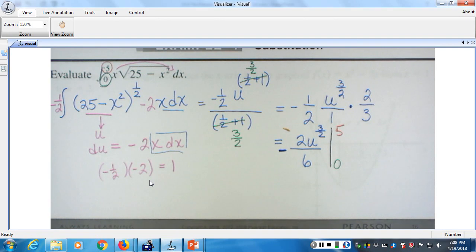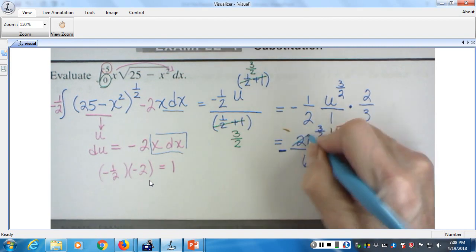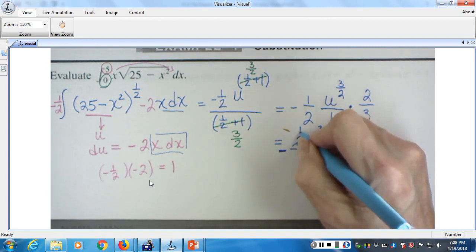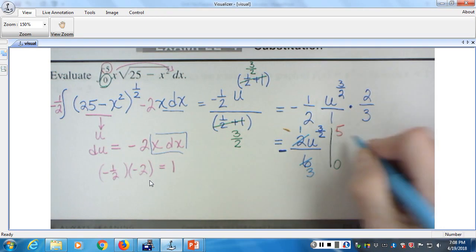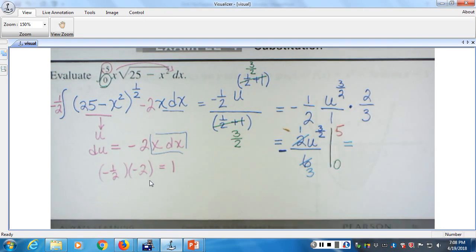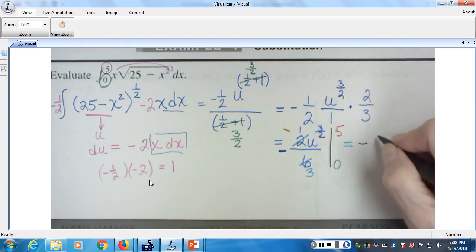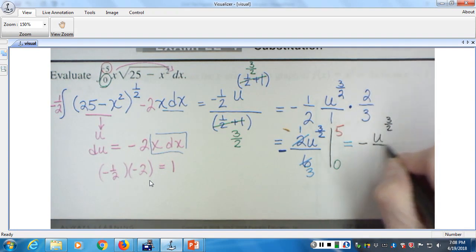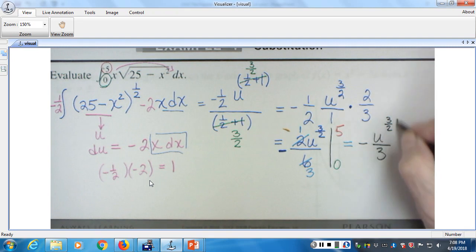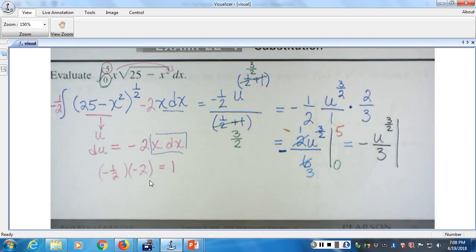And it's not absolutely a requirement that you do this, but you probably will want to. 2 cancels into 6 and leaves that being a 1 and makes that a 3. So this is the same as the integral with simpler arithmetic of negative u to the 3/2 divided by 3 and evaluated at those same limits.